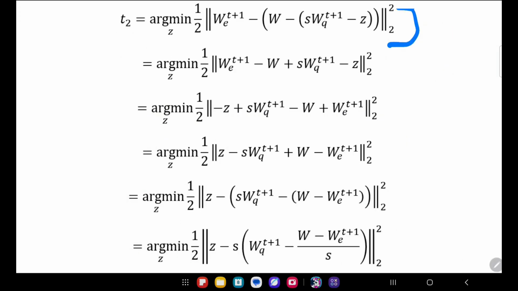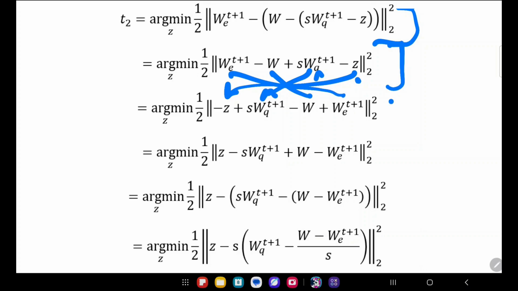Now we do some rearrangement in this term 2 equation. We expand the brackets and take out all the terms. So this becomes WE at t plus 1 minus W plus S times (WQ at t plus 1 minus Z), bringing minus Z to the front, plus S WQ at t plus 1.